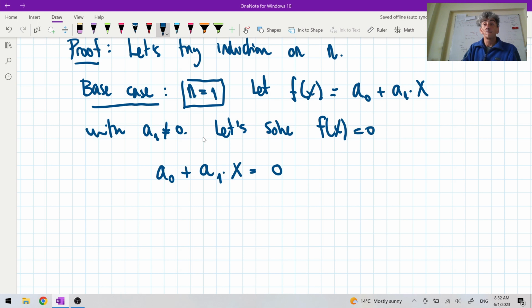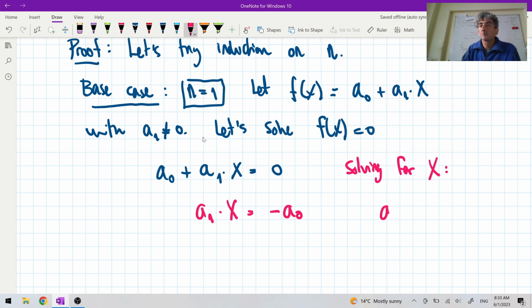We can find roots by isolating x. Solving for x, we get minus a0, and since a1 is not 0, we can divide, and x ends up being minus a0 over a1.